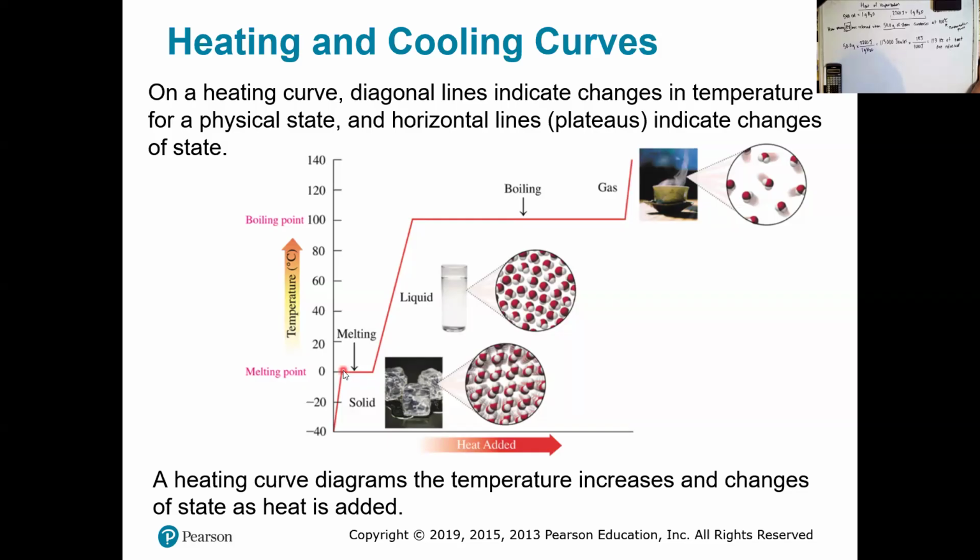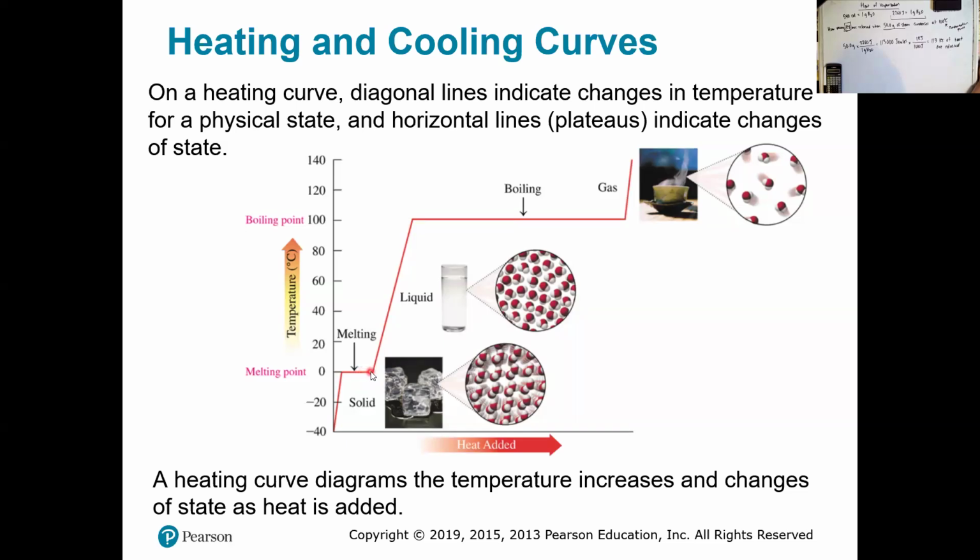And so now we're going to continue to increase the heat, but you're going to notice that the temperature doesn't change right now, because all of the heat that we're adding at this point is being funneled into melting our ice. So our temperature can't change while the state change is happening. All of that heat's going in and all of our ice is melting and turning into liquid water.